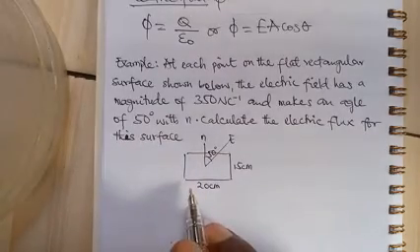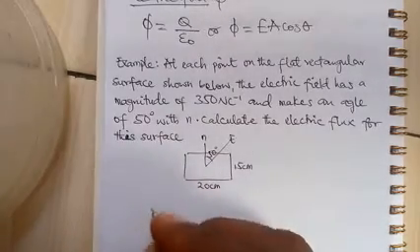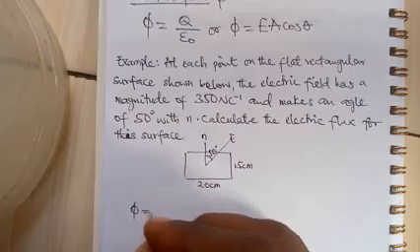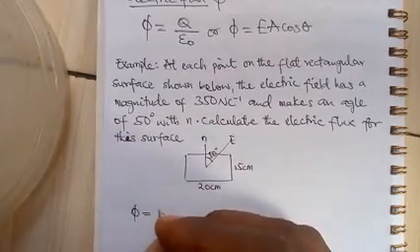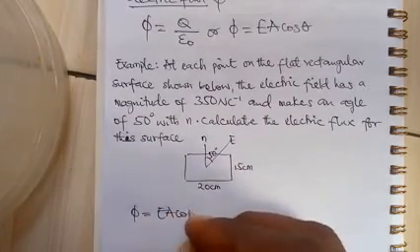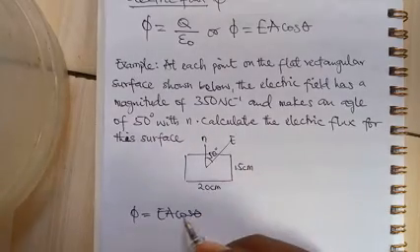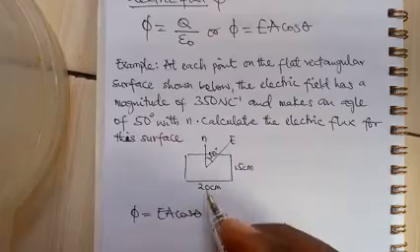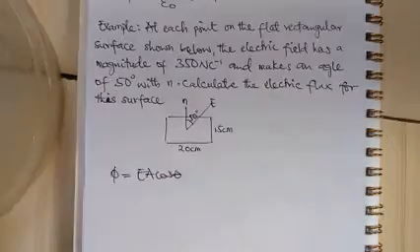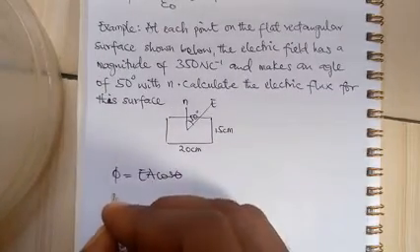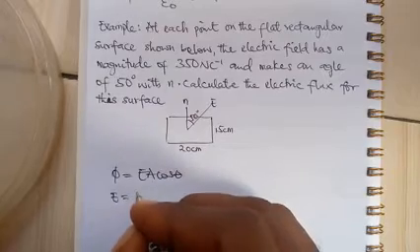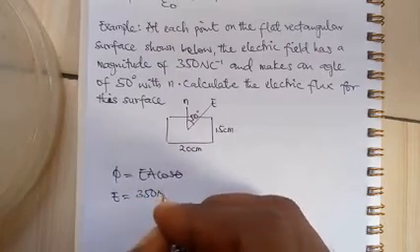On this rectangle, remember that flux phi is given as EA cos theta, where theta is the angle that the field makes with the normal, and A is the area of the rectangle. The magnitude of the electric field is 350 newton per coulomb.